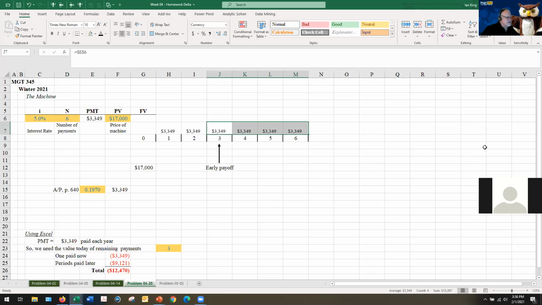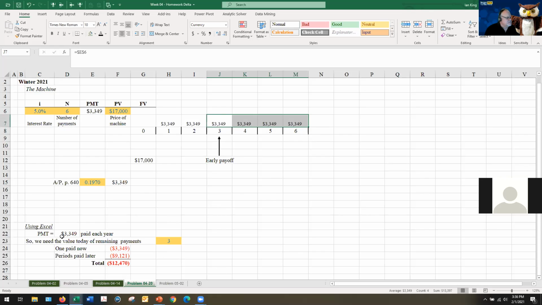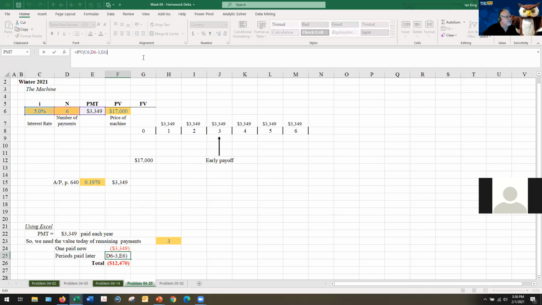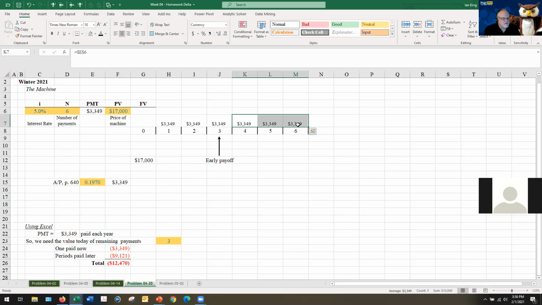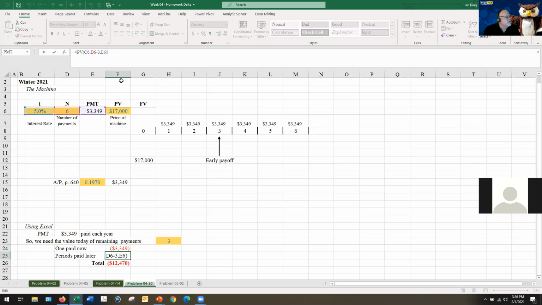So we need the value of the remaining payments. That's the present value of 3,300 for 3 years at this time period, because at this time period you're going to pay off the current year plus 3 years.